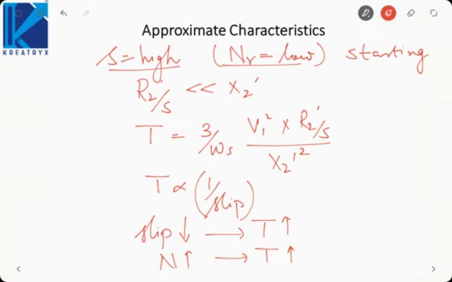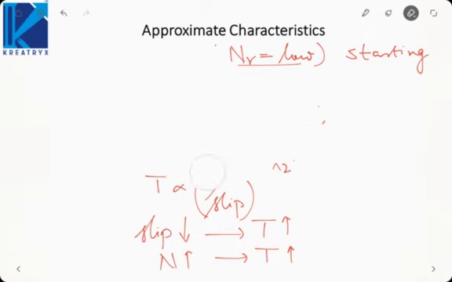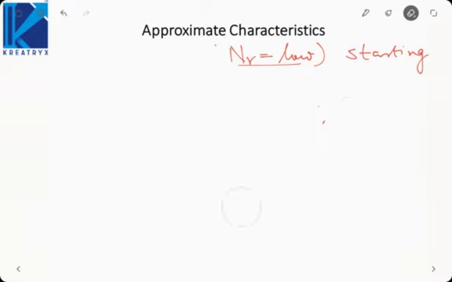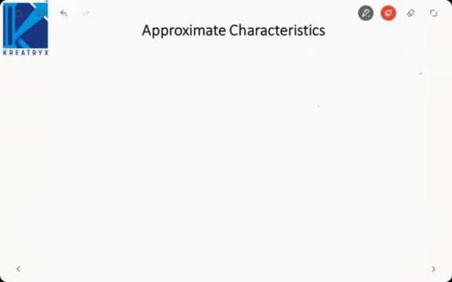As the motor starts, the speed builds up and the torque of the motor will keep on increasing. So this is about the torque. In the low slip region, it is directly proportional to slip. In the high slip region, it is inversely proportional to slip.